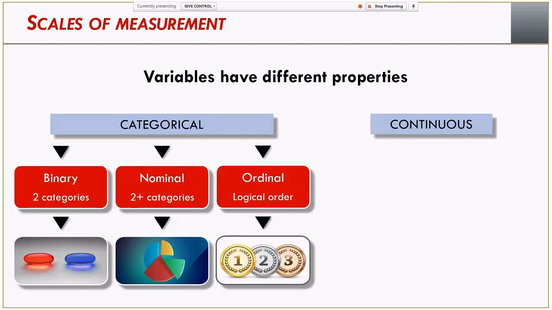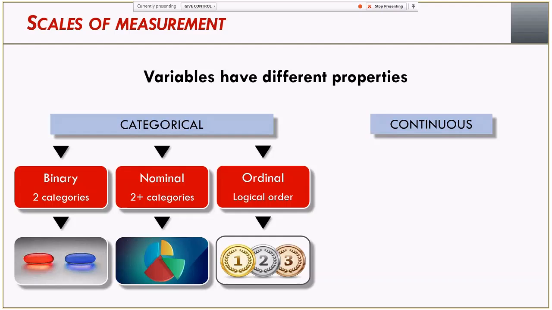Next up is the ordinal types of variables. Now, these are nominal variables, but the categories are ranked according to some logical order. Typically these variables are ranked from low to high, or in some cases high to low, but I always advise people to rank them from low to high. One example of this would be medication compliance.